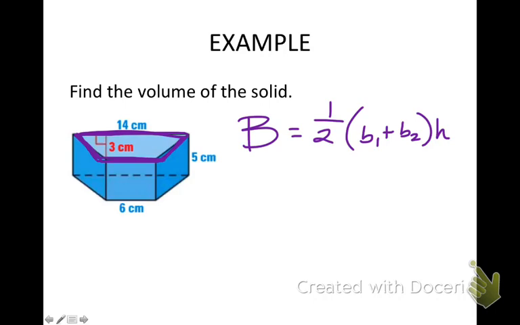Well, it could be either just base times height, if it's a square, rectangle, or parallelogram, or it could be 1/2 base times height, if your shape is a triangle, or if it's a trapezoid, it could be 1/2 base 1 plus base 2 times height.